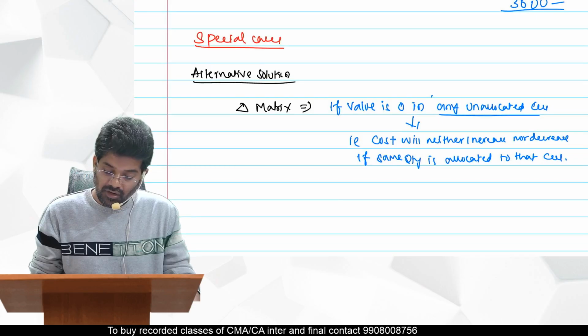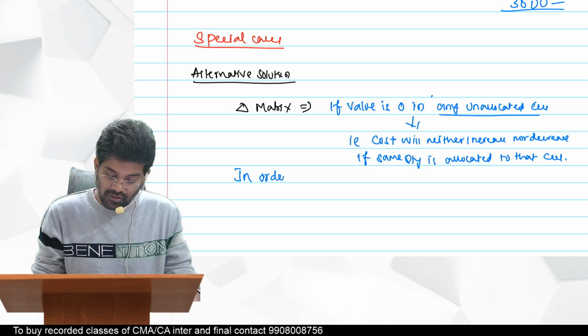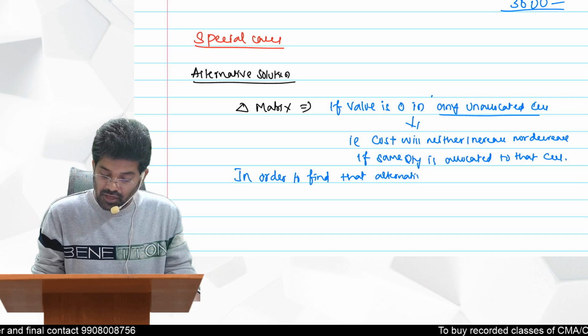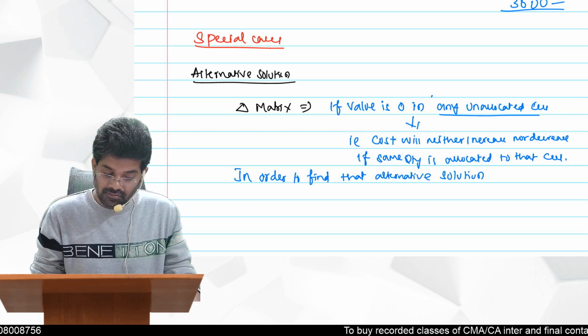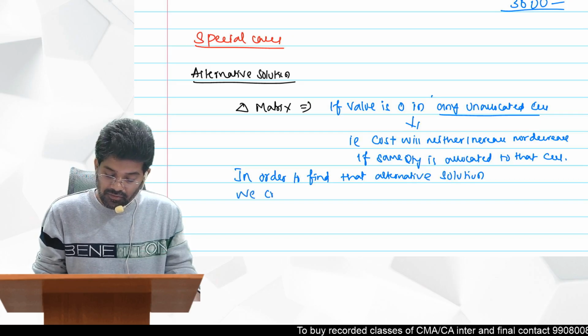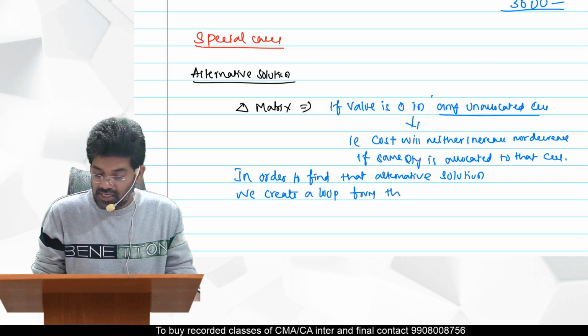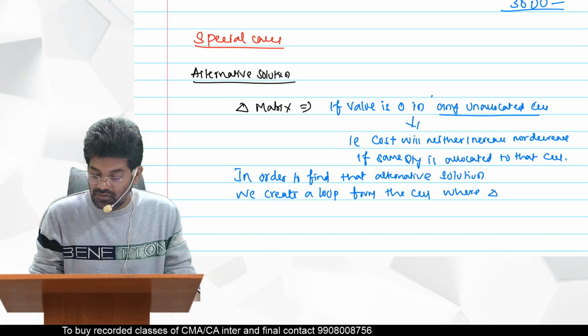In order to find that alternative solution, what we have to do is draw a loop. We create a loop from the cell where change is equal to 0.